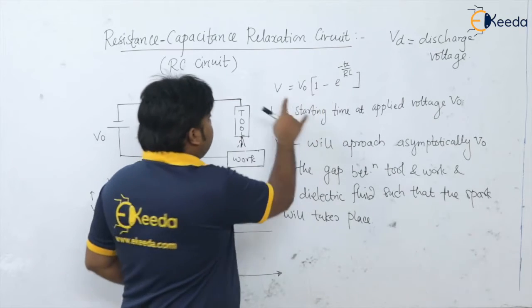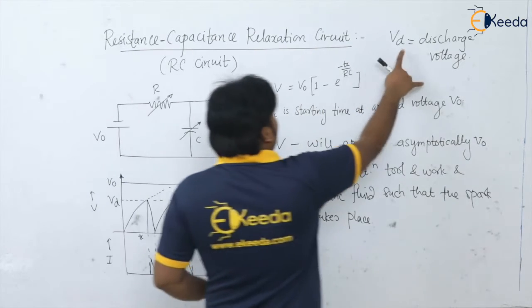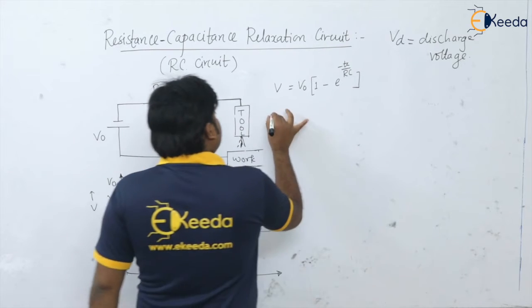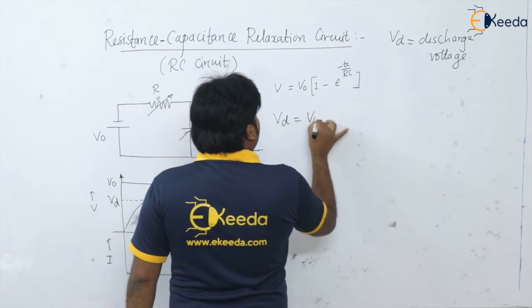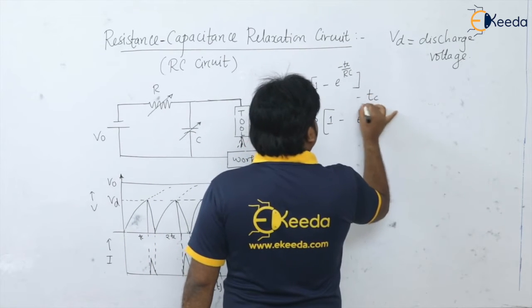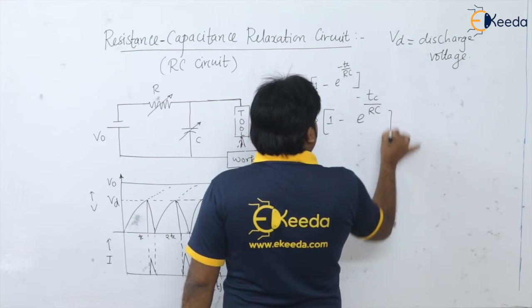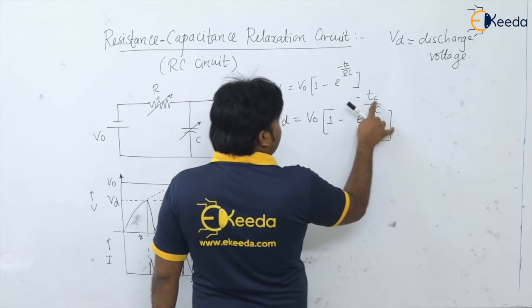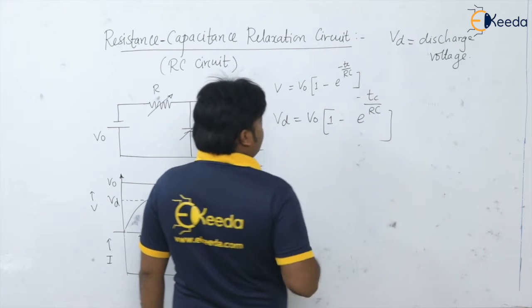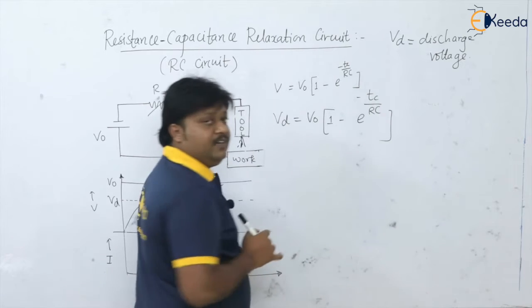So if I replace V with VD, I can write VD equals VO into bracket 1 minus e to the power minus TC divided by RC, where TC is the charging time and C is the capacitance in farad.